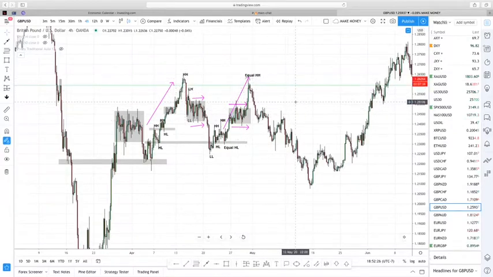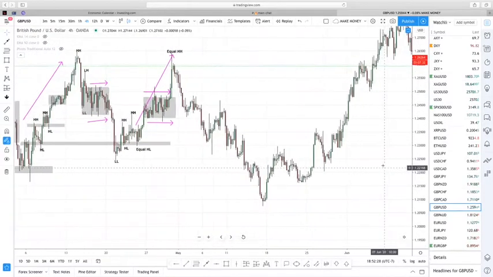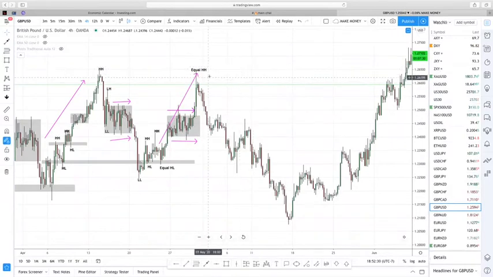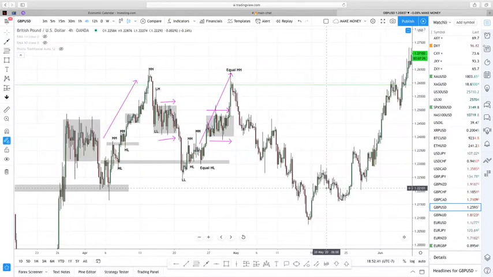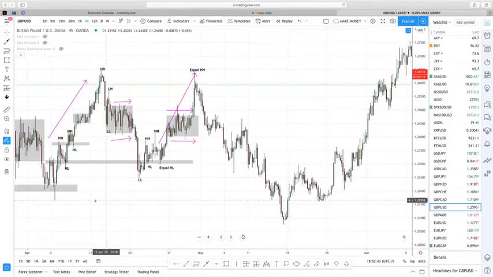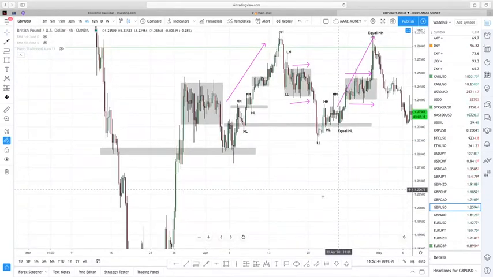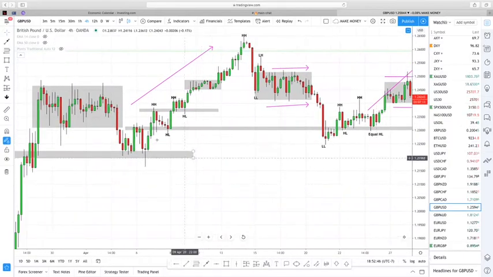And like I said before, we like to trade the right legs of M patterns and W patterns, which is the opposite of the M on the way up. Something like this, I'd like to trade this right here.